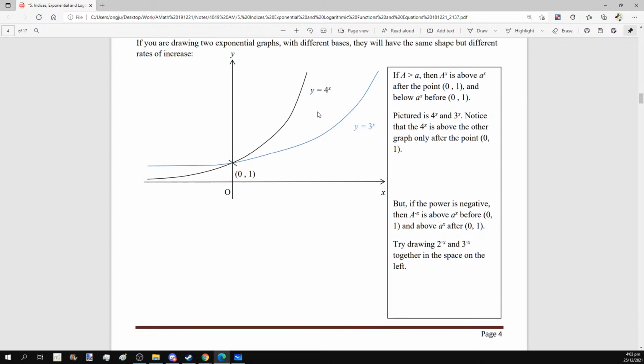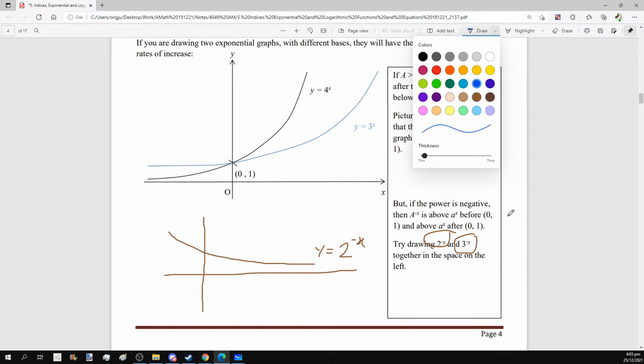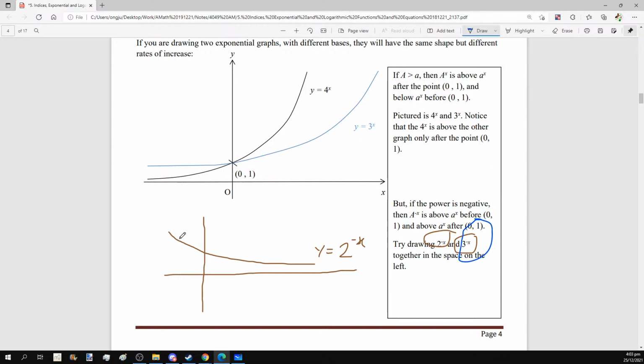Right, so over here, if we instead have negative indices, so for example 2 power minus x, 3 power minus x, then 2 power minus x will be flatter, right, like so, whereas 3 power minus x, we can expect him to be more dramatic since he is the one with the larger base.